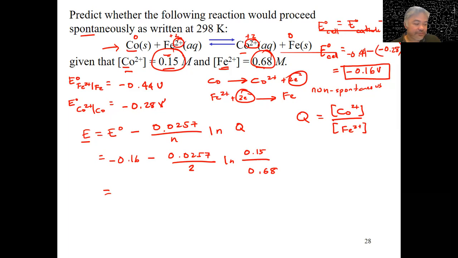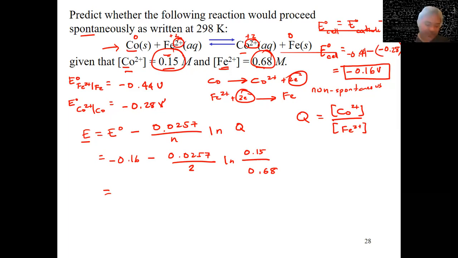Will it become spontaneous or it will remain non-spontaneous? Magiging positive. Magiging positive ba? Ano yung value na makukuha natin dito?